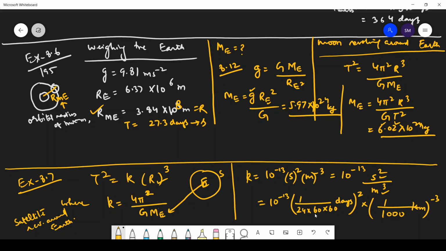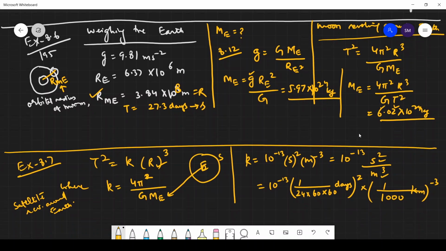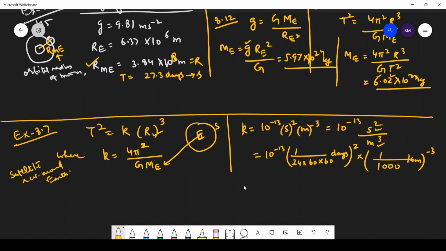Now this square will go with both. So that's equal to 10 raised to the power minus 13 into 1 upon 24 into 60 into 60 whole square, days square.